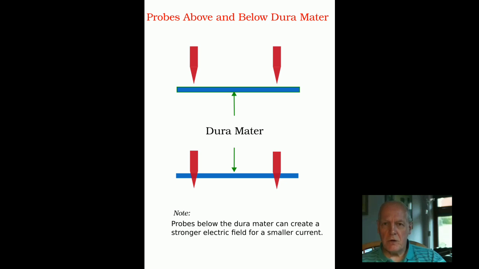Now, the earlier work that I referred to, where the probes were above the dura mater, initially used a direct current. This found that axons would only grow towards the cathode end of the signal pathway.